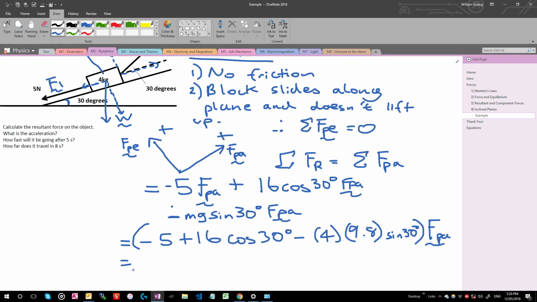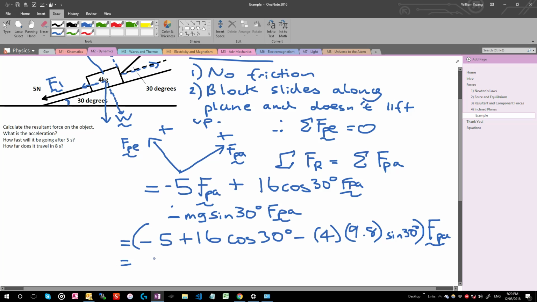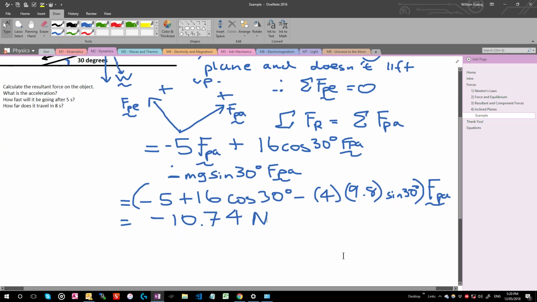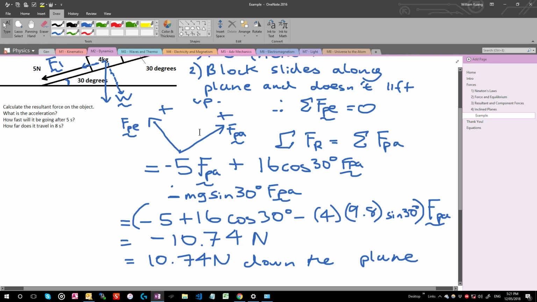And the answer I get is -10.74 newtons, and that is equivalent to 10.74 newtons down the plane. Because I defined positive as being up the plane, being negative means the direction is down the plane.